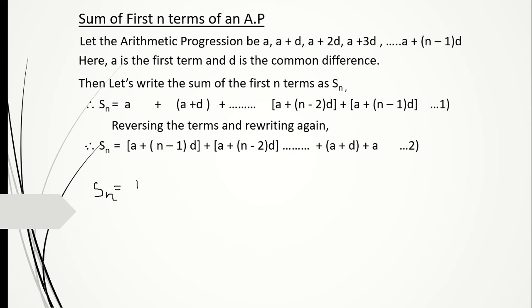We will add these two, so 2 times Sn is equal to n times, this sum comes n times, 2a plus n minus 1 d.